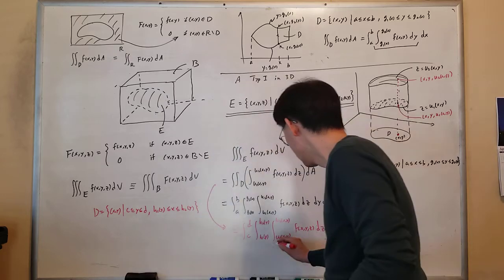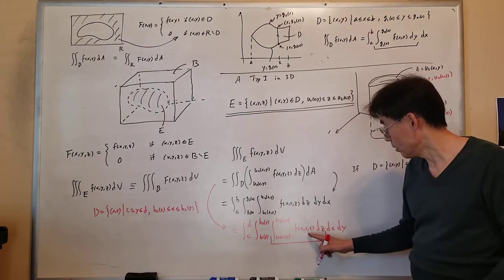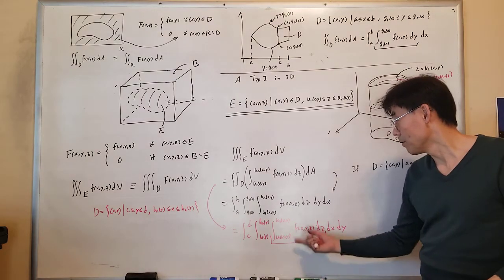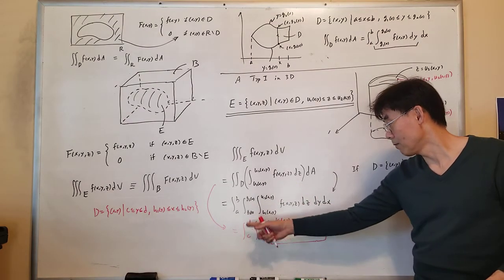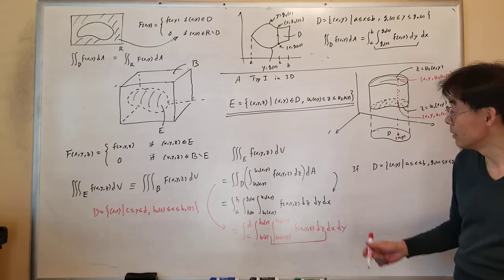So this will be a function of the z integral. So the whole result will be a function of x and y. Basically, the function of x, y will be integrated in this fashion or this fashion, type 1 or type 2 in the xy plane. Okay?